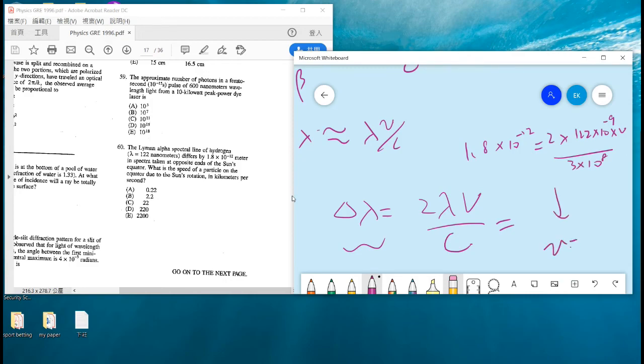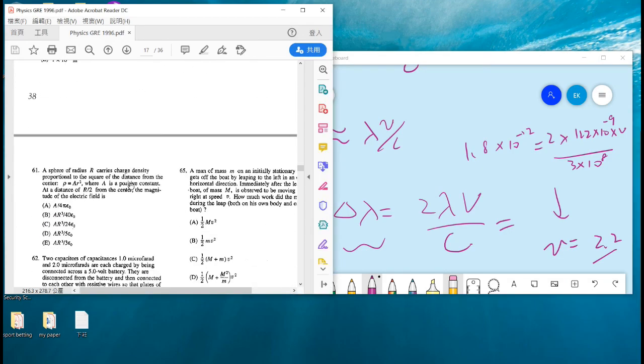Okay, we compute V, and the V I get is B. I get 0.2, so that means our approximation is still okay. It's very close to 2.22. Okay, so I think it's enough today, and I will see you guys in the next video.